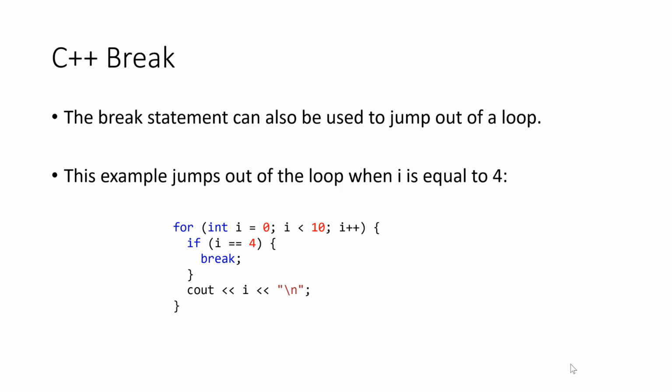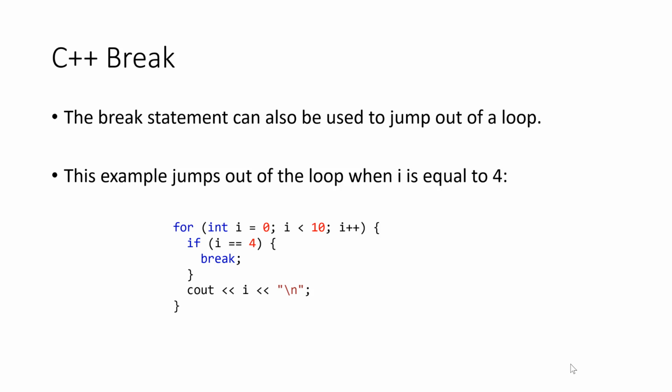For example, when the C++ program first enters this for loop, it will initialize the value of I to 0, then it will check the condition if I is less than 10. In our situation it is less than 10, so it will go into the body of the for loop, and then it will test this if statement, and it says if I is equal to 4.